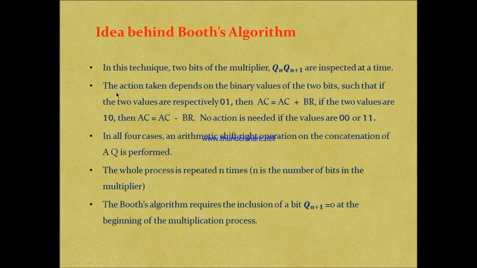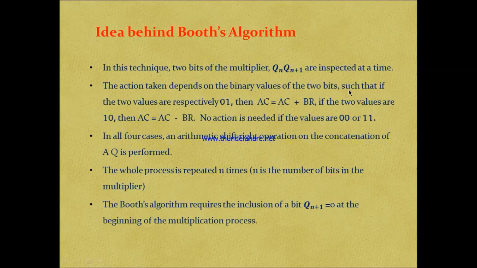Next, the action depends on the binary value of the 2 bits. Depending on the binary value of these 2 bits, we will do the operation. So what are the conditions?